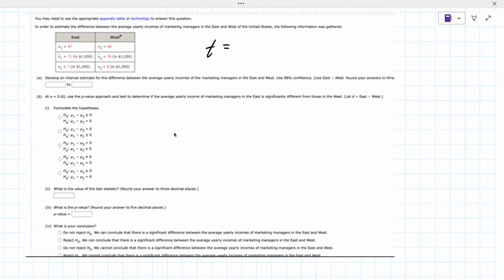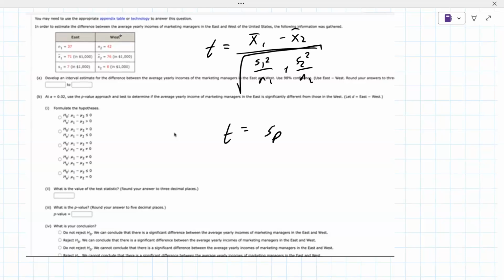There's one that looks really like what we just did, S1 squared over N1 plus S2 squared over N2, and then there's another one that uses a pooled estimator. I think it's the first one. So it's basically the same setup: find the value of the test statistic down here, and then we'll get to the confidence interval.